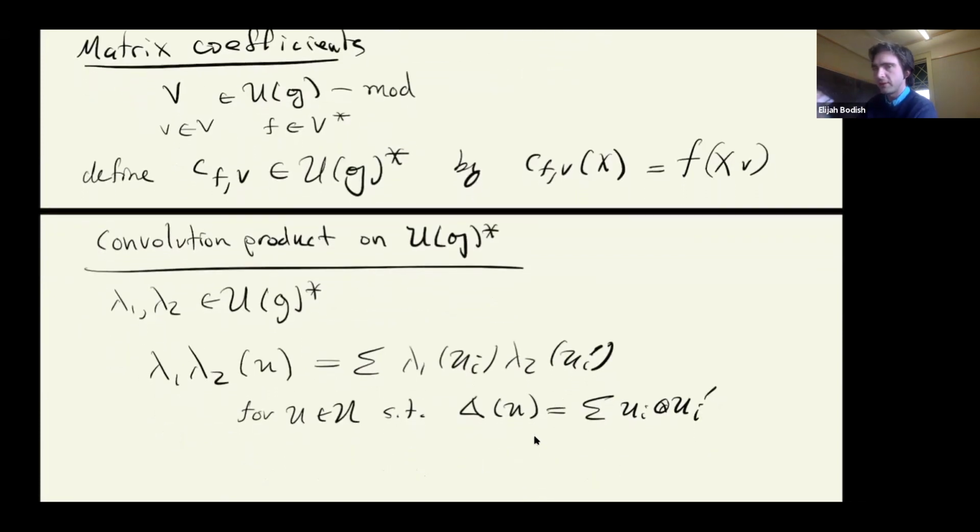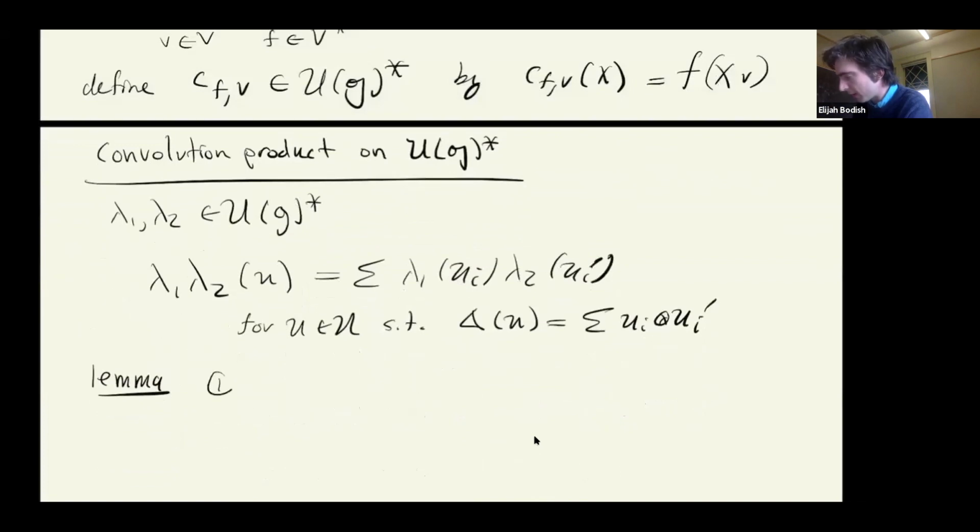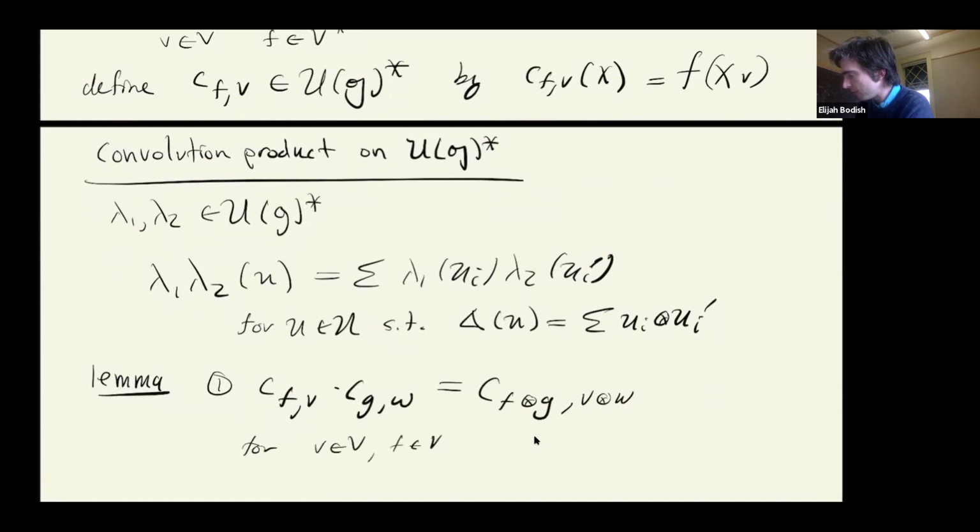So the matrix coefficients and the multiplication on the dual of the enveloping algebra play nicely together. This is part of the following lemma, which gives us the following equalities. If I take two matrix coefficients and multiply them together, this is the same as taking matrix coefficients for the tensor product, for v in V, f in V star, w in W, and g in W star.